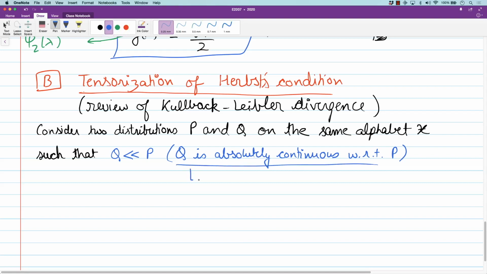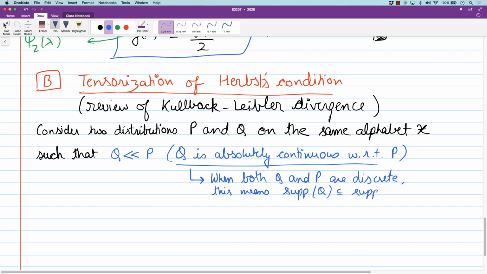That can mean different things. It's a very general condition. So when both Q and P are discrete, this means that the support of Q, the set of points where Q puts mass, is contained in the support of P. So if P of x equals 0 for any point, Q of x must be equal to 0.